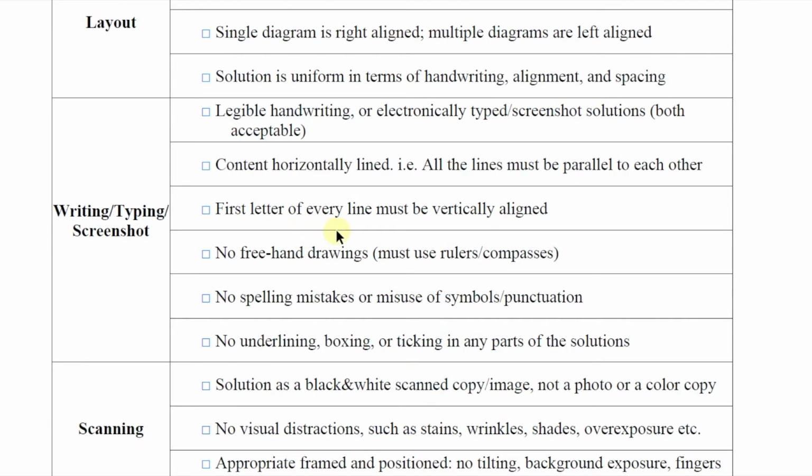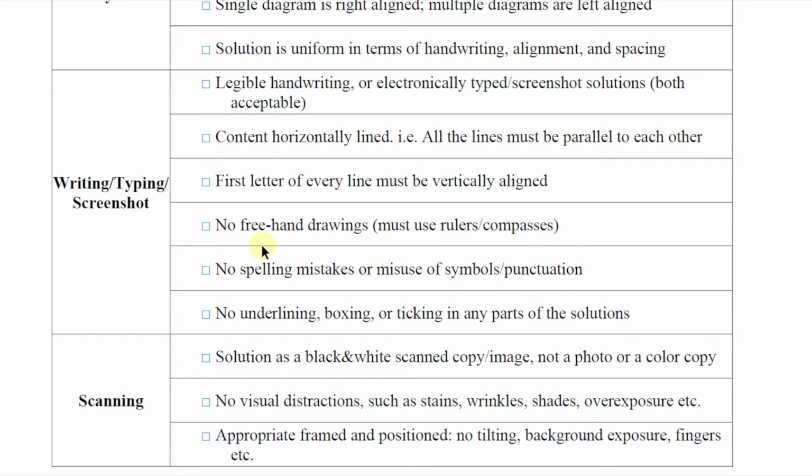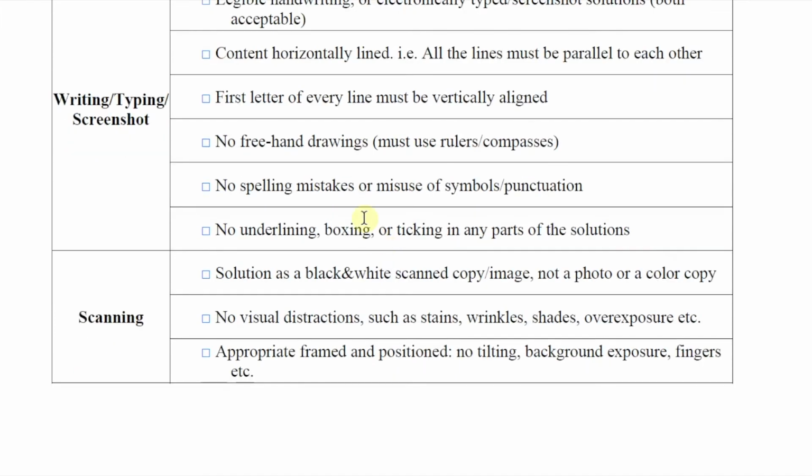The first letter of every line must be vertically aligned, and there should be no freehand drawing; rulers and compasses must be used. No spelling mistakes or misuse of symbols and punctuation. No underlining, boxing or ticking in any part of the solution. We should not make a box or tick any part of the solution.